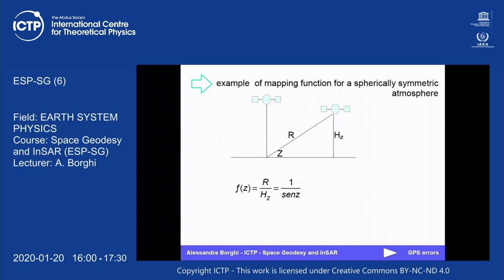It's not related to the azimuth, to the direction, but depends just on the elevation of the satellite. And this is very simple. It's related to the inverse of the sin of the elevation, sin Z. Sin, sorry.